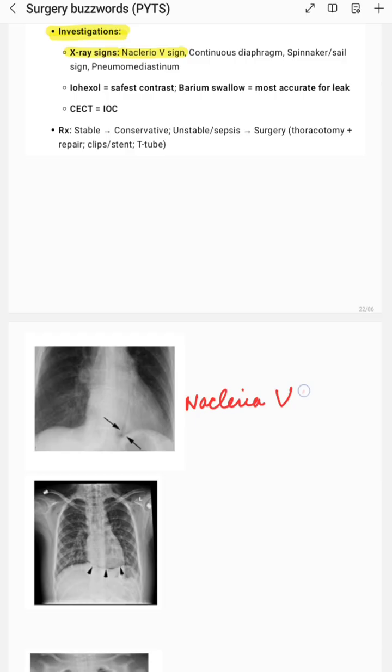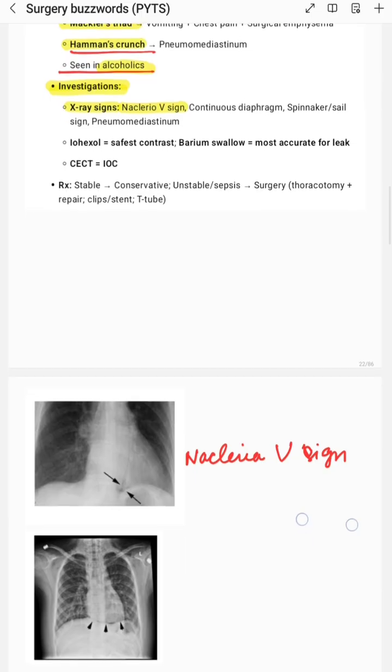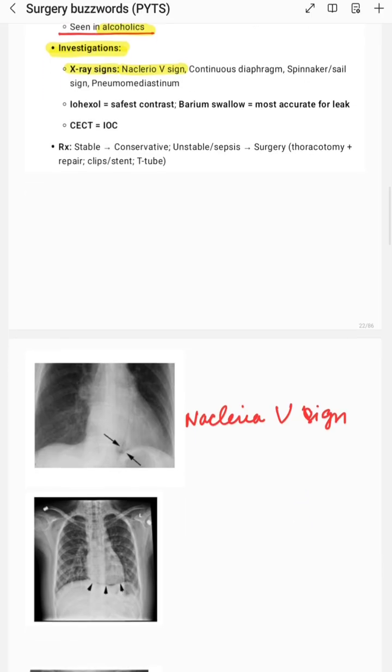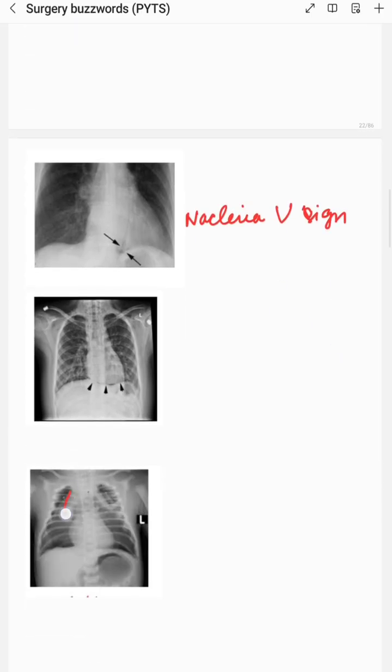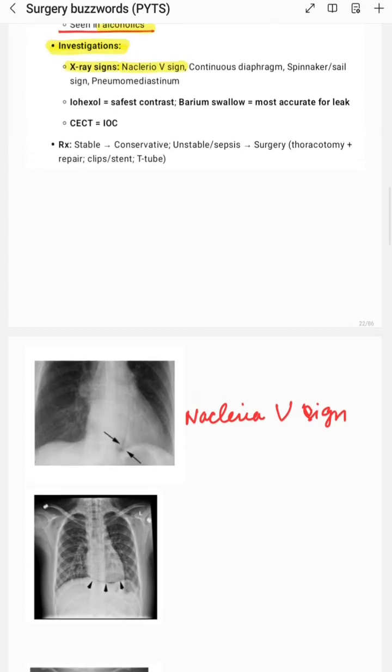The next is the continuous diaphragm sign. This is how it looks, you can see the continuous diaphragm. And this is the spinnaker and sail sign. And one more thing is pneumomediastinum, there is air in the mediastinum.